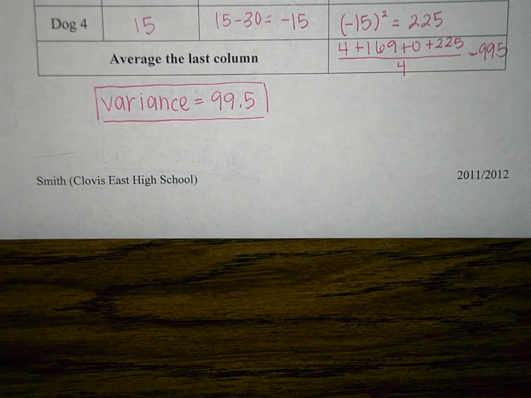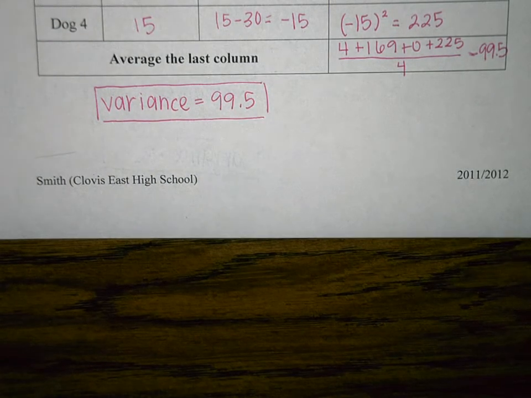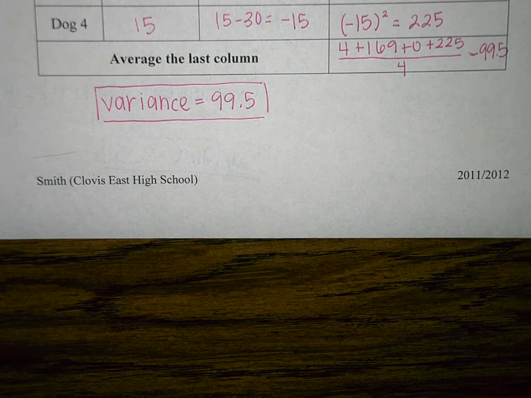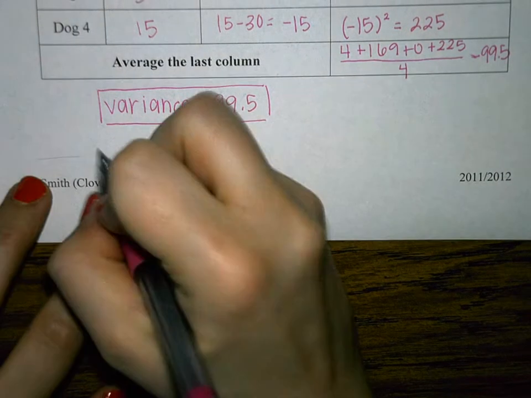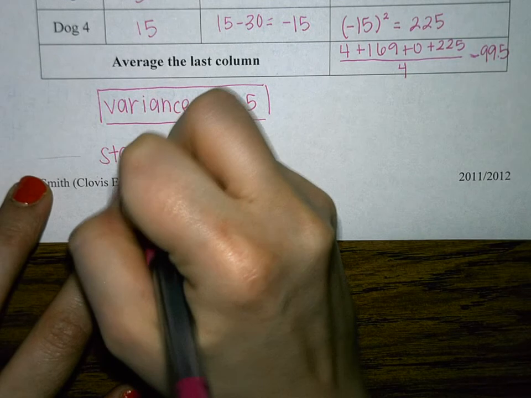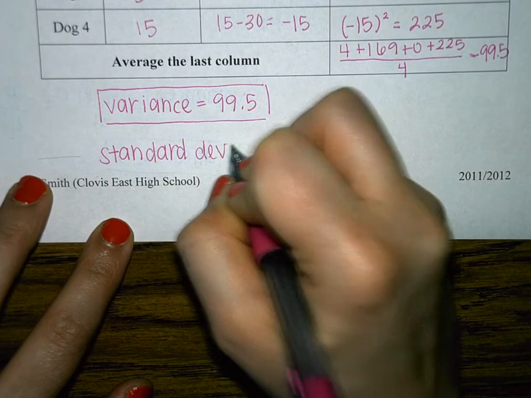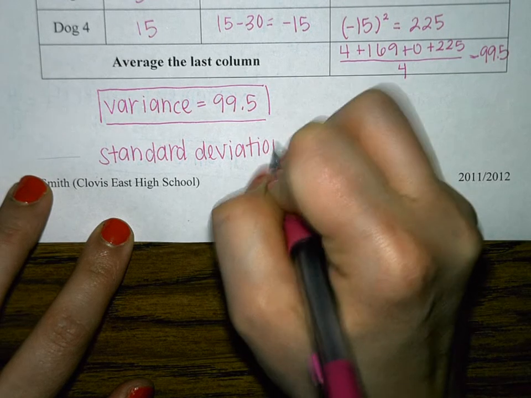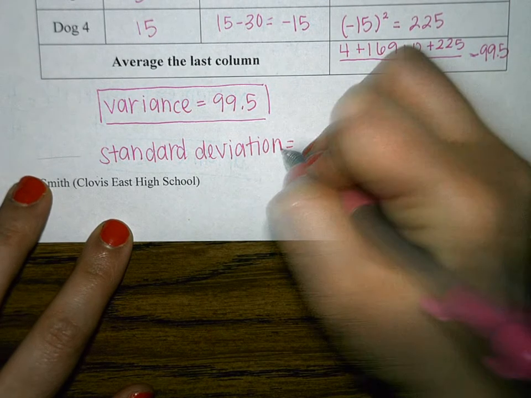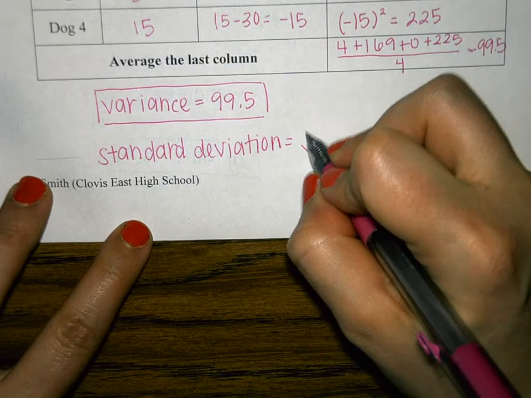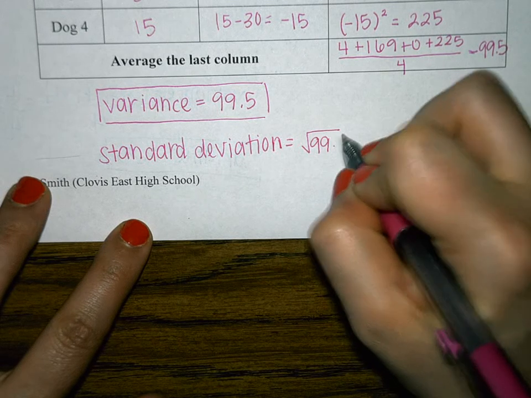Because variance is a measure of how spread apart the data is, it's not measured in inches or anything, so you just leave it as that decimal. And then the last part wanted us to find the standard deviation. So to find the standard deviation, we square root the variance. So that's the square root of 99.5.